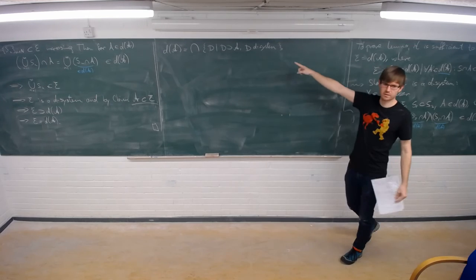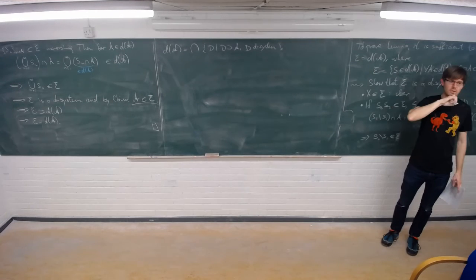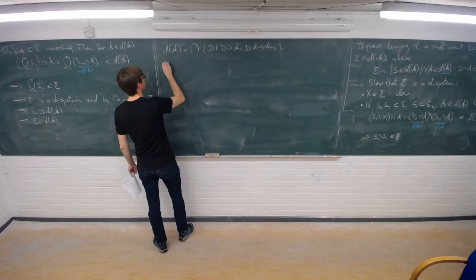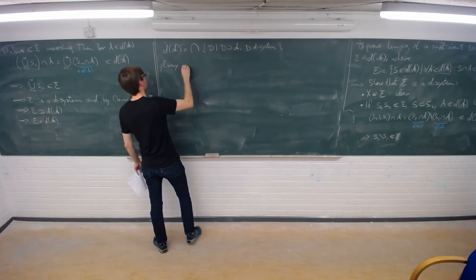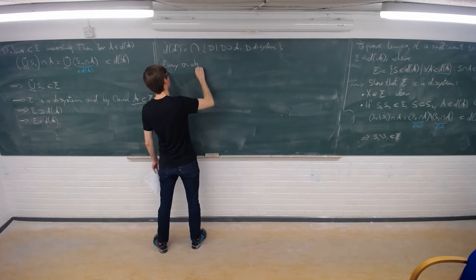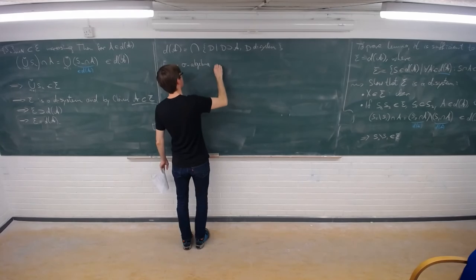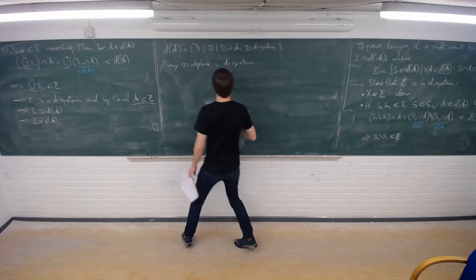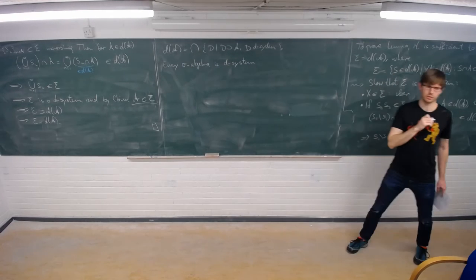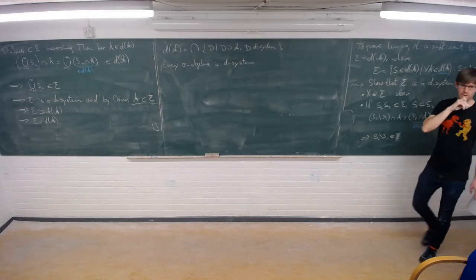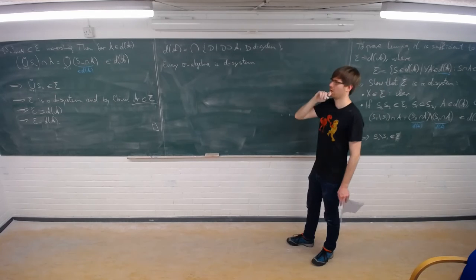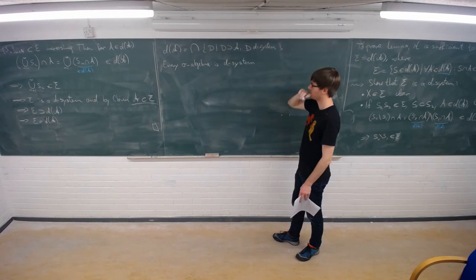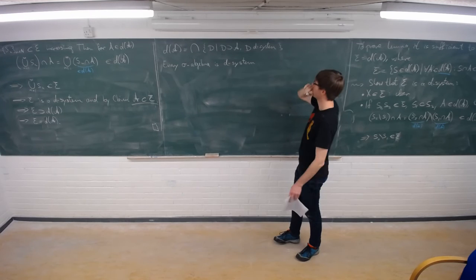So first, D of A is the intersection of all D systems that contain A, right? And we know that every sigma algebra is also a D system. Right? Is there not too many set brackets going on?